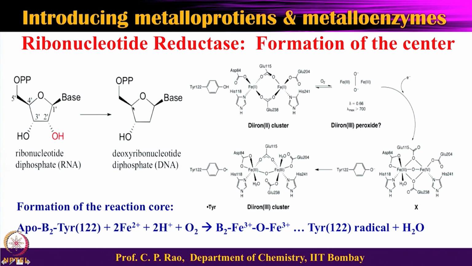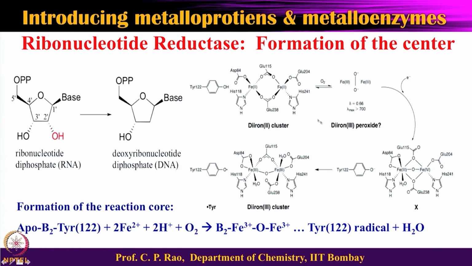Okay, so this is the reaction that happens, and then let us look at the iron center. Take the ribonucleotide reductase, as I said, there are 2 parts, one called RNR1 and the other RNR2.